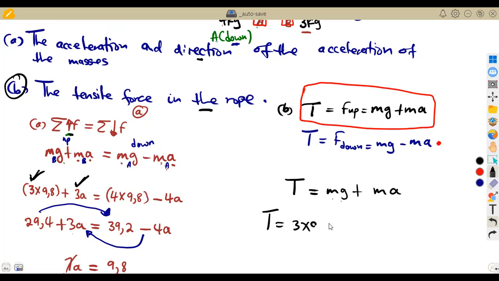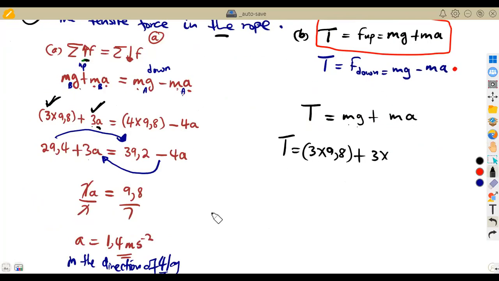It's just a repetition, only that you are now substituting that A. Here, our mass is still 3, times the acceleration we calculated, which is 1.4. If you are using F down, you are supposed to work with the mass of object A, but we must obtain the same answer. All right, so that is going to be our tension in this case.